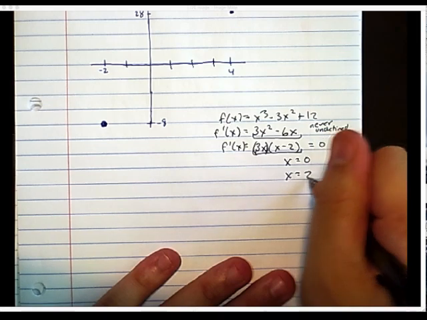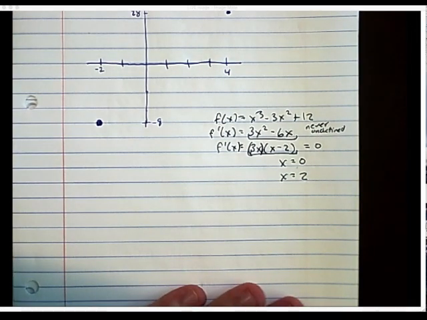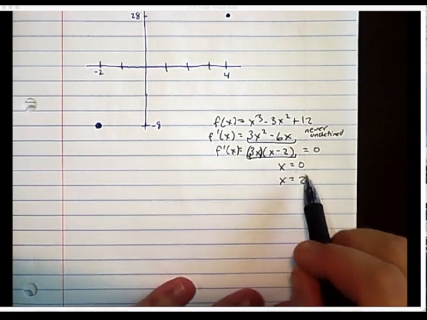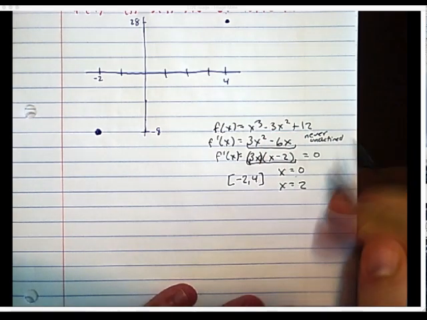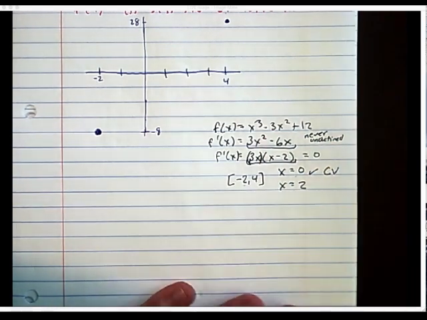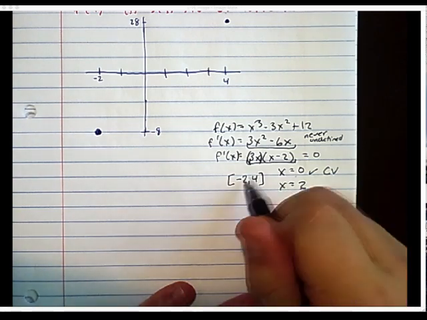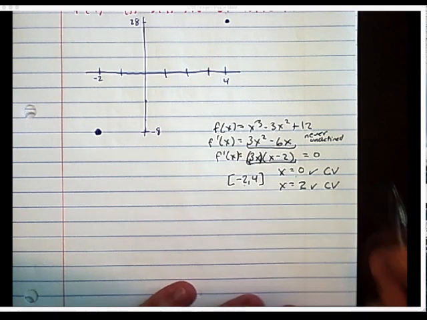We're at an x value of 2. So these numbers are possible critical values. Now, are both of these numbers in the interval negative 2 to 4? Well, 0 is inside there, so that is a critical value. And 2 is inside this interval. So that's also a critical value.